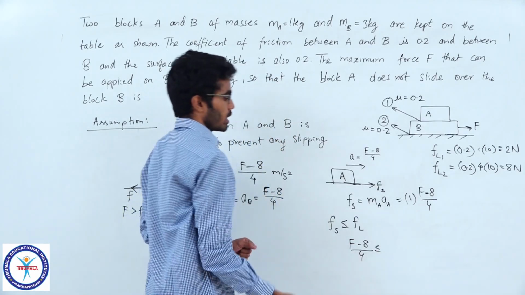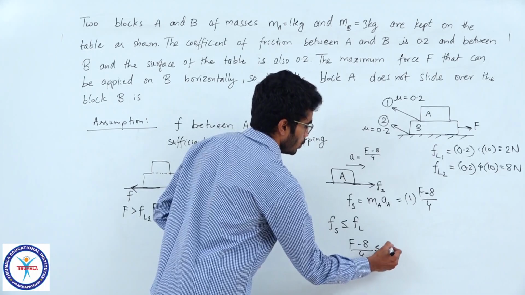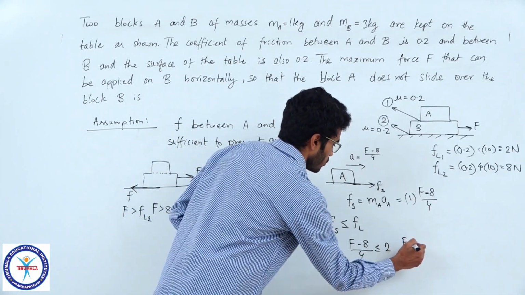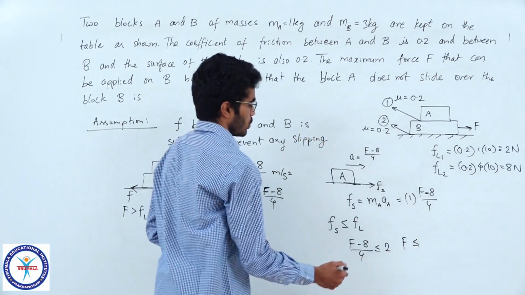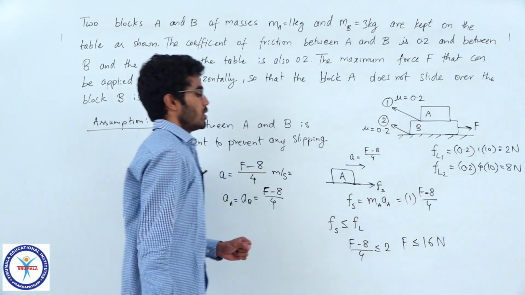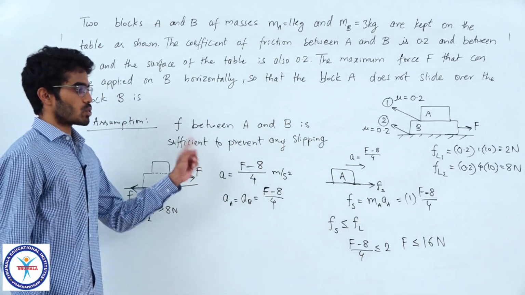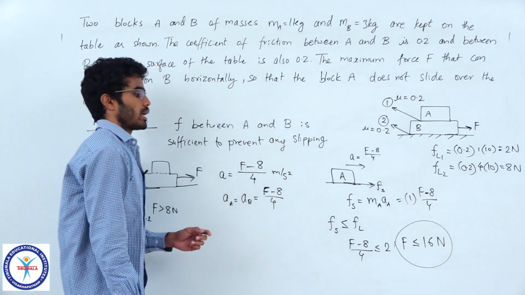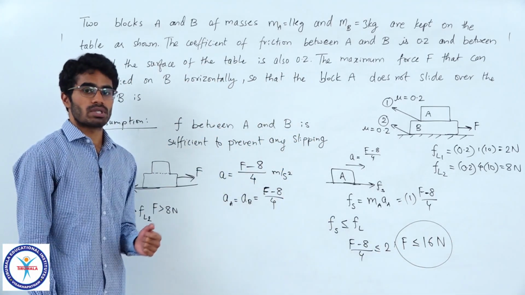It must be less than or equal to 2 newtons, and from this you get F is less than or equal to 16 newtons. So, for our assumption to be true, we have a condition here now. The capital F must be less than or equal to 16 newtons.